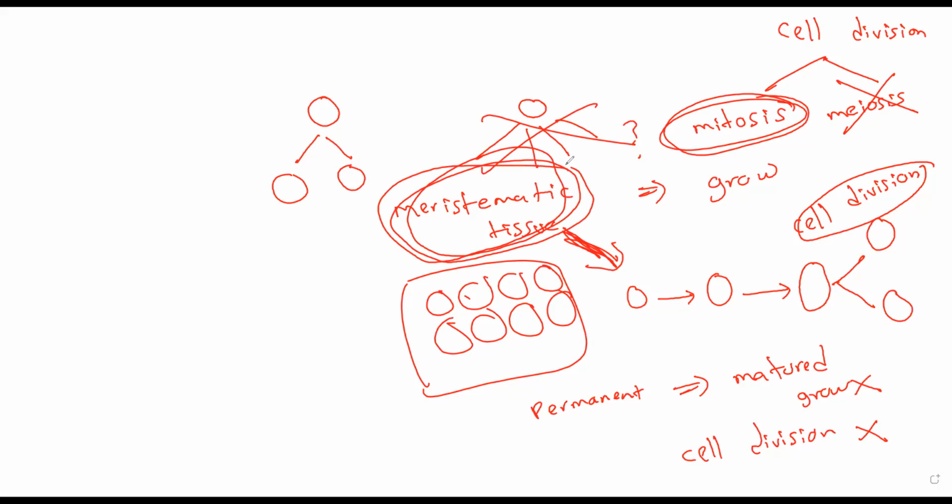So that is what you should know. Now, why are they dividing? I told you meristematic tissue means that is growing. That means they are doing cell division. What is the type of cell division? Mitosis.